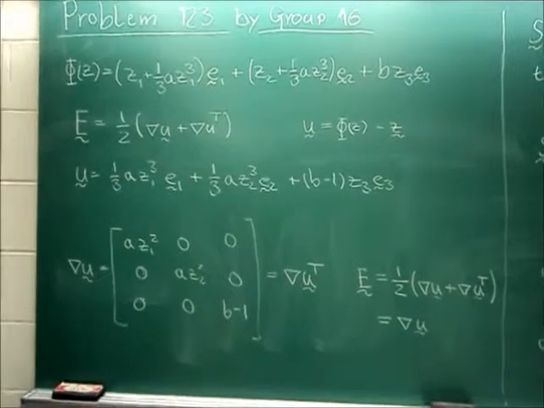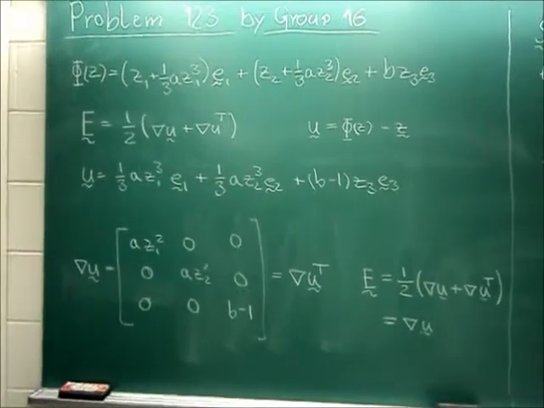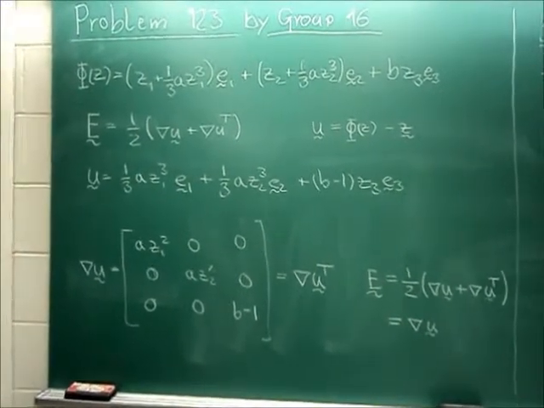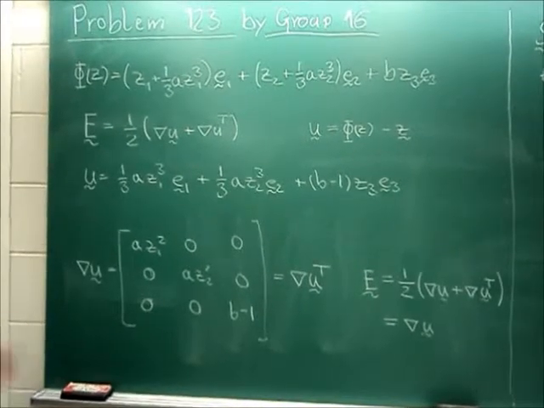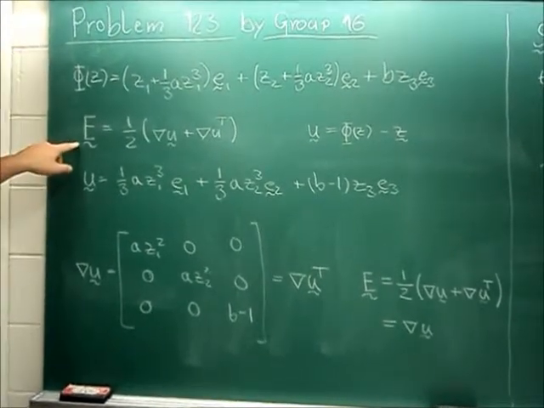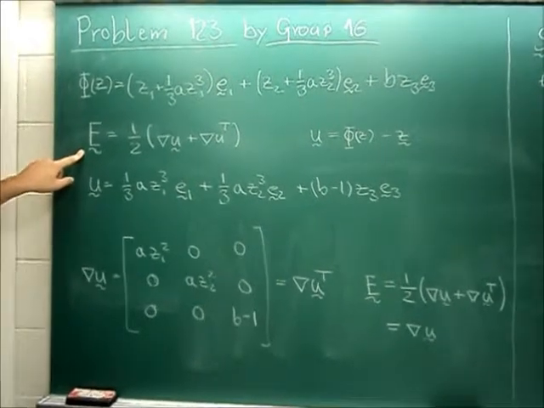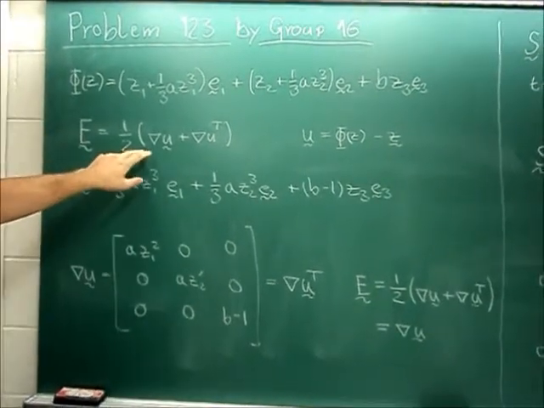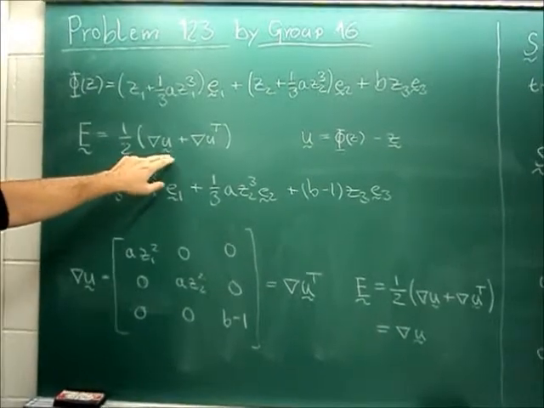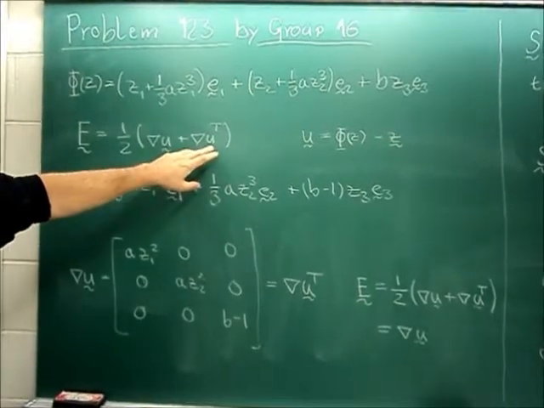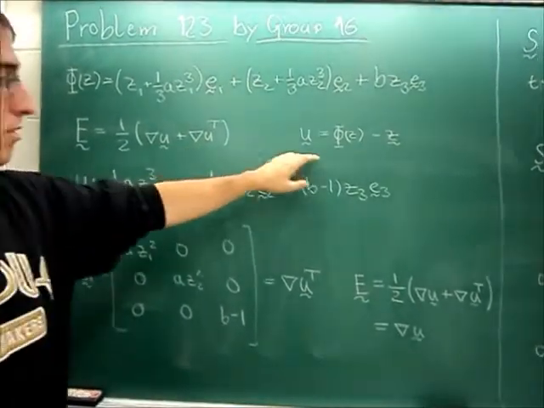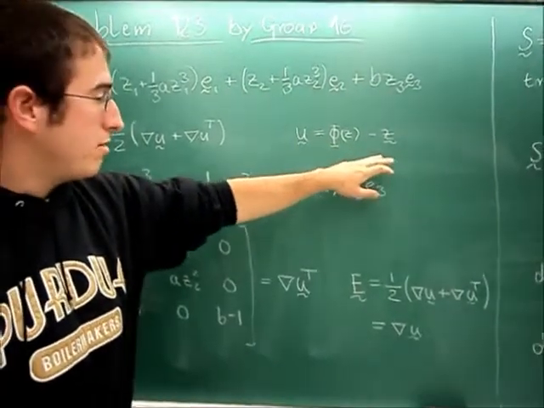Okay, so we've been asked to find the body forces and surface tractions. To do that, we will need the stress and strain tensors. To find the strain tensor, because we were given that we can assume that it's a linearized strain, it's equal to 1/2 of the gradient of u plus the gradient of u transpose, where u equals our deformation map minus z.